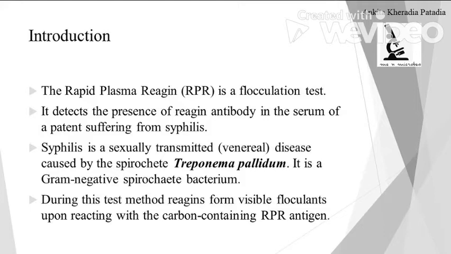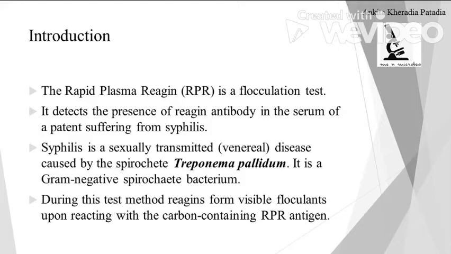Syphilis is a sexually transmitted disease caused by the spirochete Treponema pallidum. It is a gram-negative spirochete bacterium. During the test, the reagin forms flocculants upon reacting with the carbon-coated RPR antigen. So if a person has an infection with Treponema pallidum, the person has antibodies against the antigen.